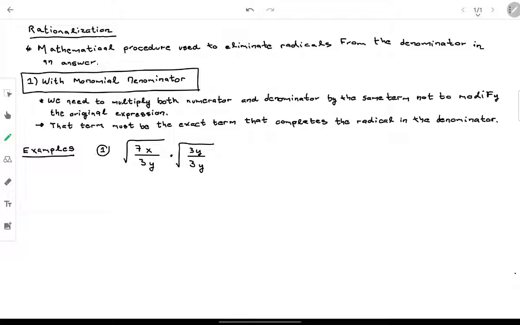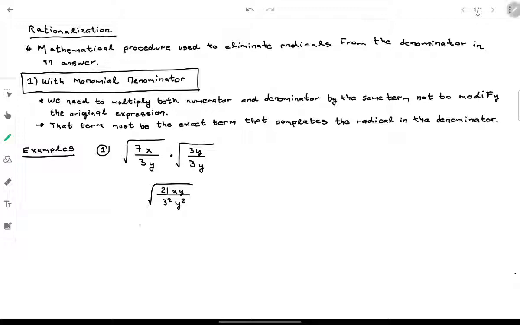What will happen next? If I do that multiplication, on the bottom part it's going to be the square root of 3 squared y squared. On the top part, it's going to be the square root of 7 times 3, that is 21xy. And in this case, it will be possible to take it out from the denominator part.